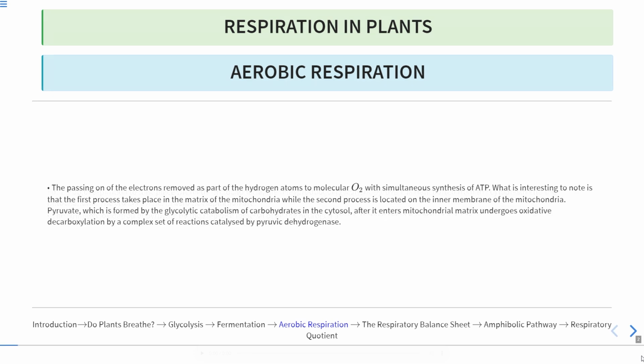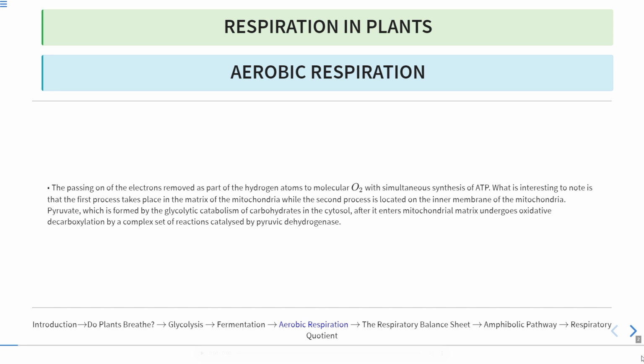The passing on of the electrons removed as a part of the hydrogen atom to the molecular O2 with the simultaneous synthesis of ATP, right? So the electrons are passed, or removed, as part of the hydrogen atom to the molecular O2 with the simultaneous synthesis of ATP.